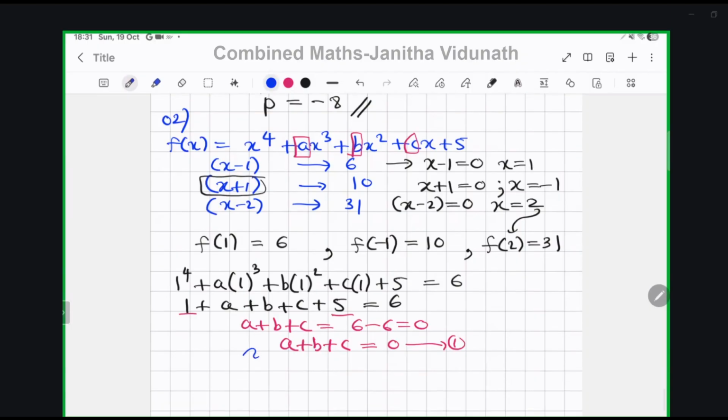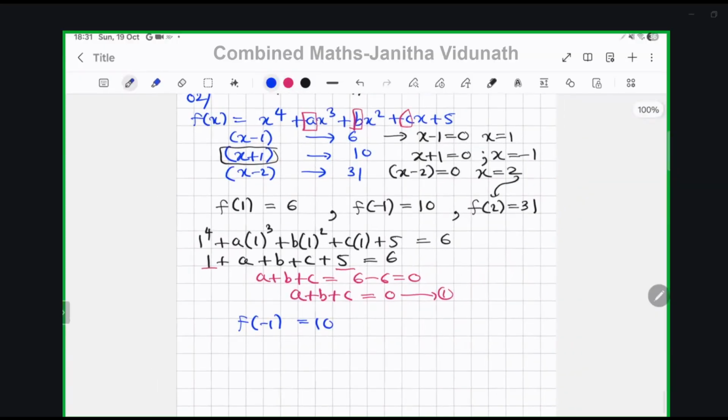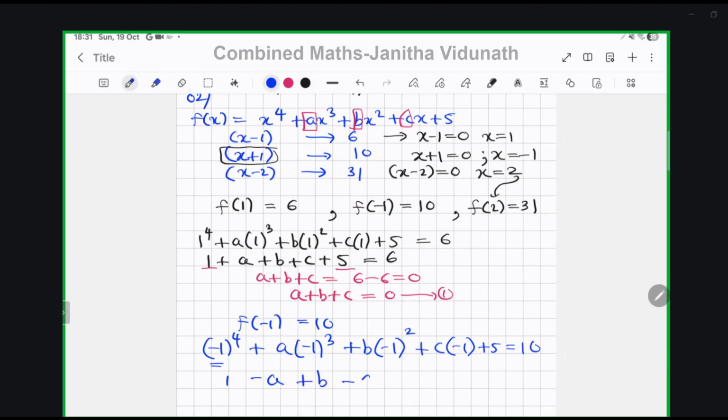From the second condition, we will get f(-1) equal to 10. That means minus 1 to the power 4 plus A times minus 1 to the power 3 plus B times minus 1 to the power 2 plus C times minus 1 plus 5 equal to 10. From here, we will get 1, minus A, plus B, minus C plus 5 equal to 10.